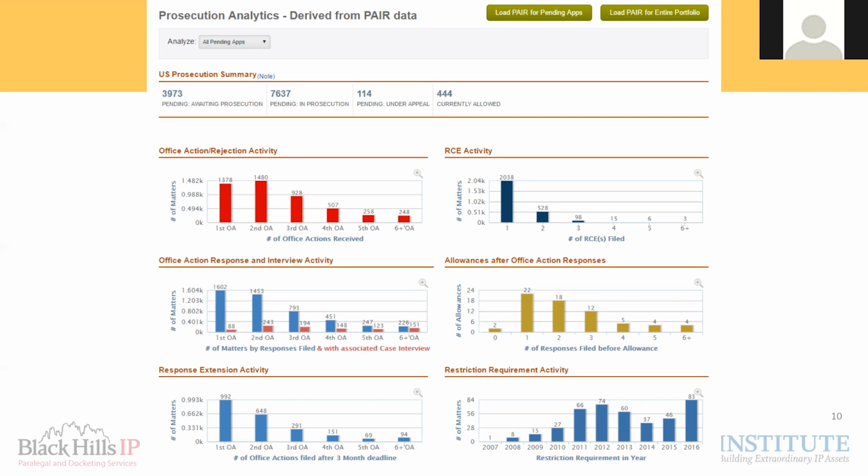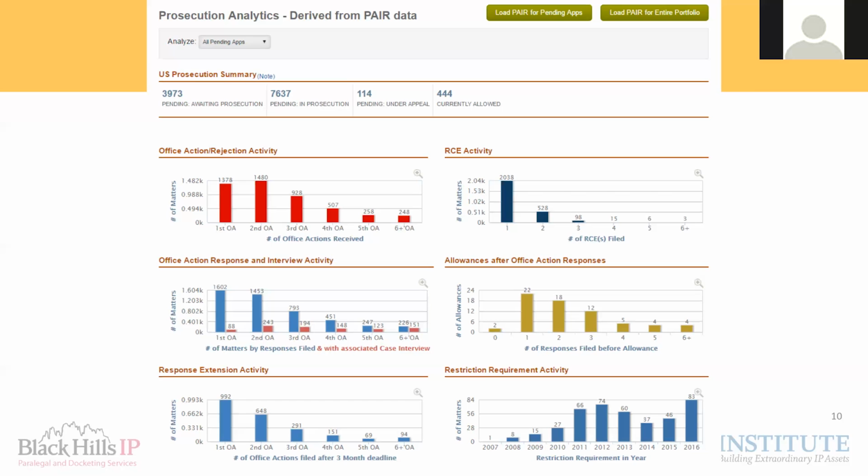You don't want to see as many RCEs, 6+ RCEs, even 5 RCEs. So the trend here looks good, but overall, you may want to consider how many RCEs, and is it a standard practice that RCEs are acceptable, particularly when you're getting into 2, 3, 4 RCEs for one particular matter. And Tom, anything else that you see?